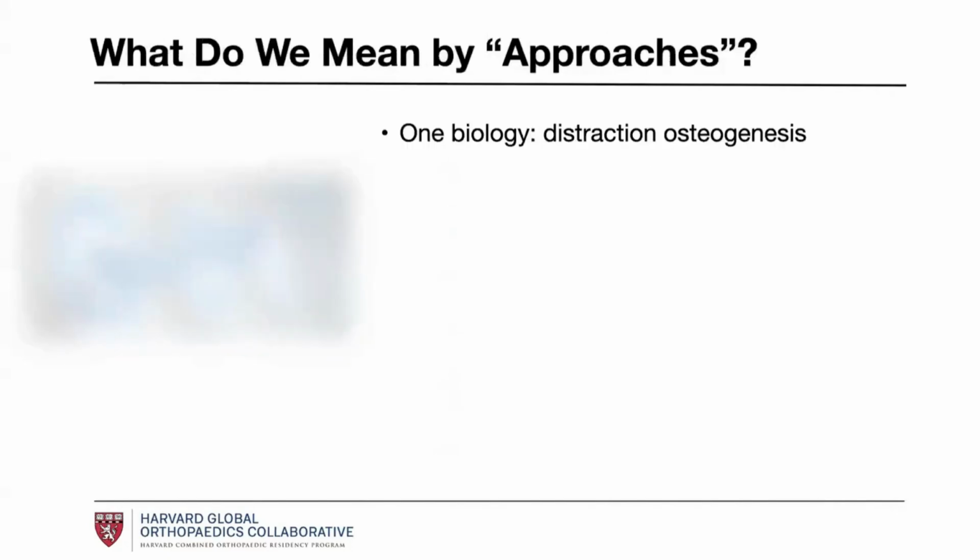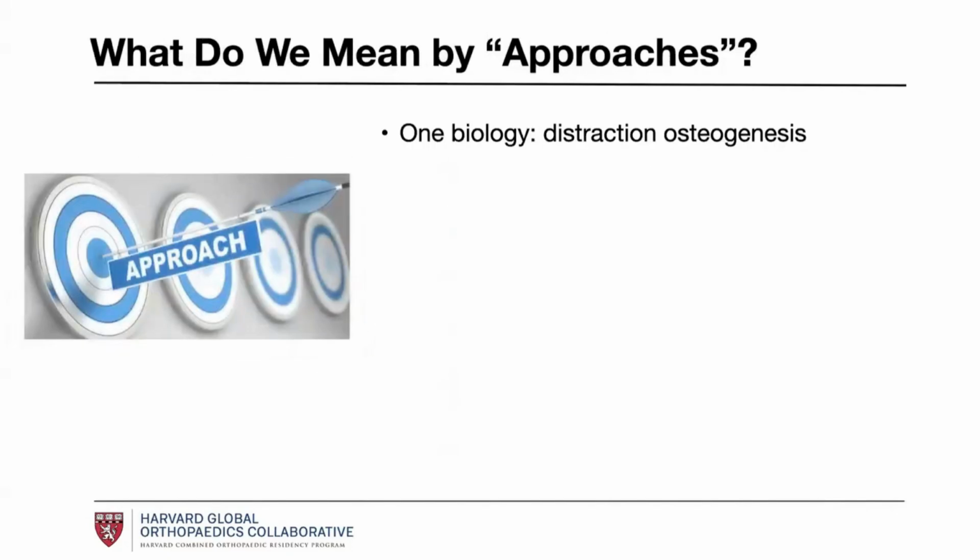Moving on. In this setting, when we're talking about bone transport, what do we mean by approaches? This isn't a surgical approach. This is more a conceptual approach to bone transport and limb salvage. We basically have one biology, distraction osteogenesis, which is extremely powerful, and one indispensable, highly versatile tool, external fixation.